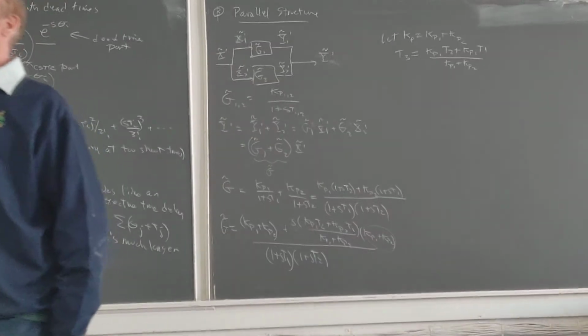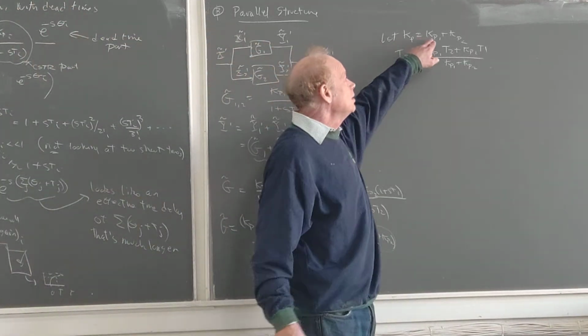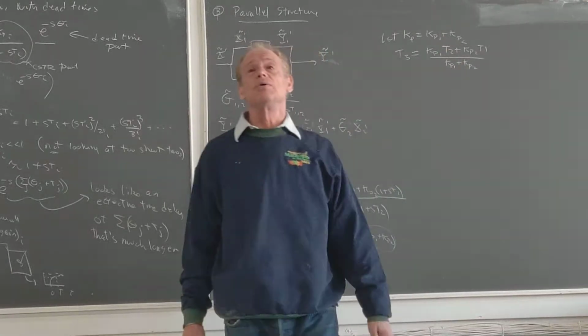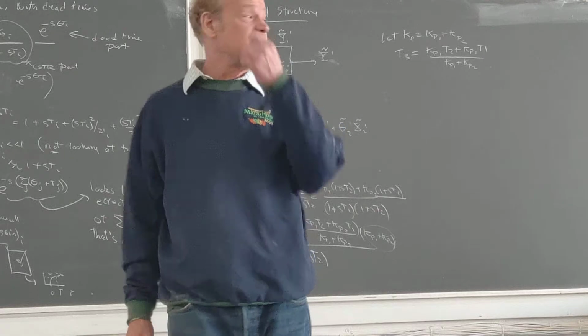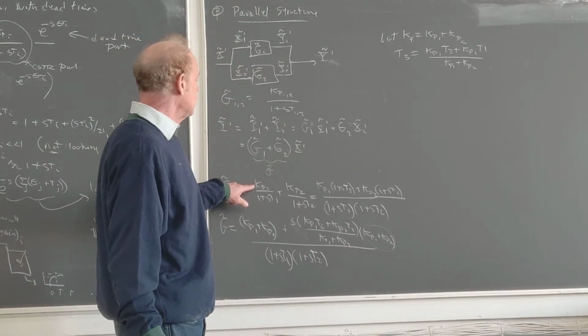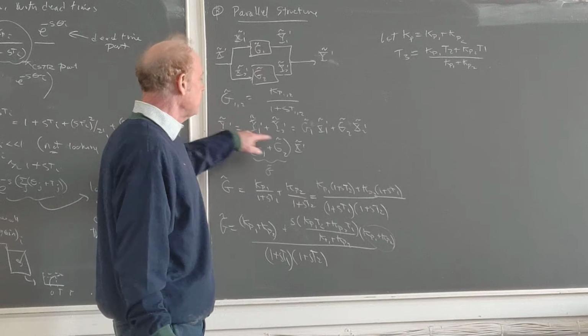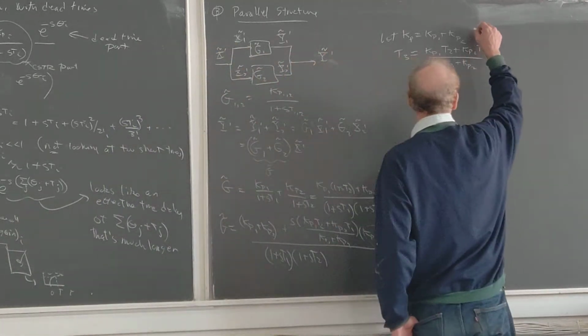Now, let's just think for a second of units. Kp1 and Kp2 all have the same units, otherwise I couldn't add them. And remember, Kp has units of y prime over units of x prime.